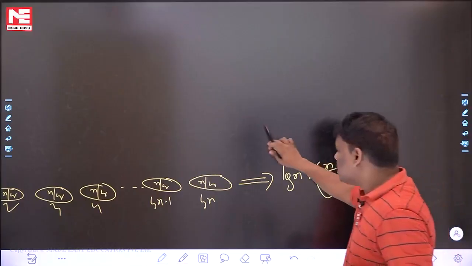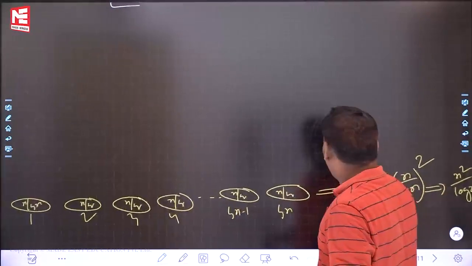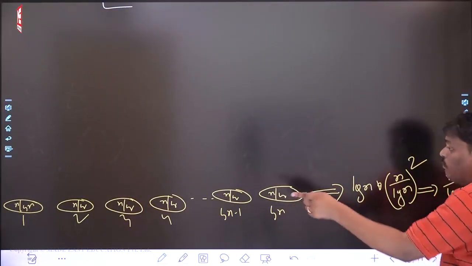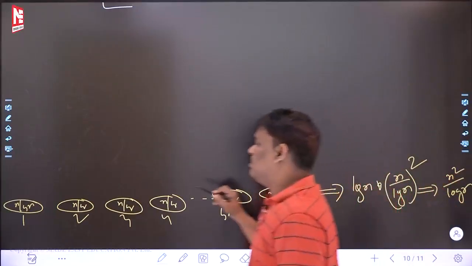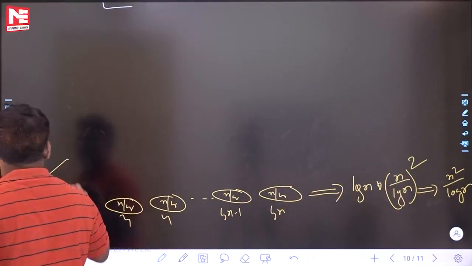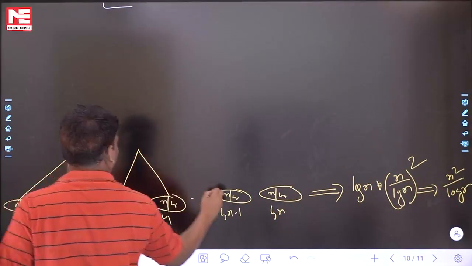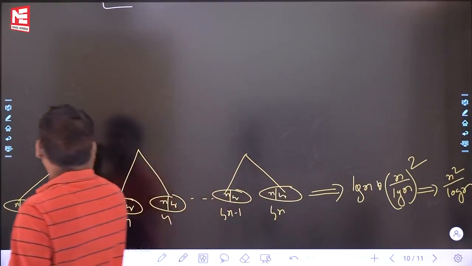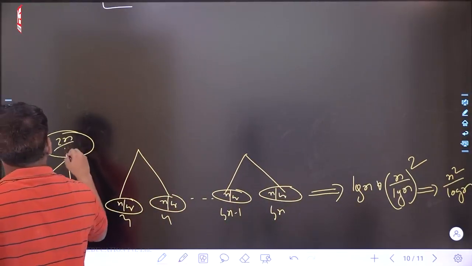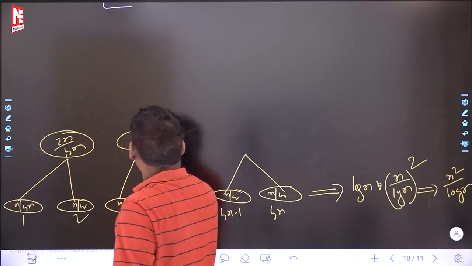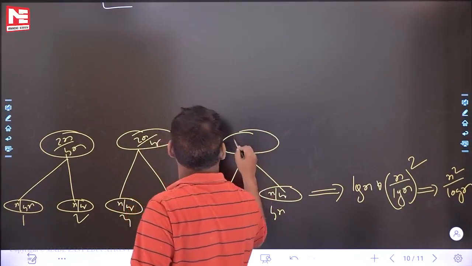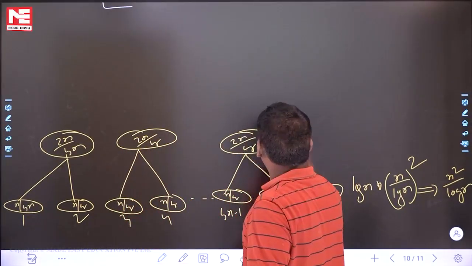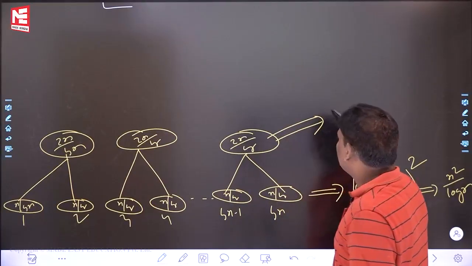Now some people are asking, sir, everyone is now sorted. After this much time is over, everyone is sorted. Now combine it. If you combine, what is the answer? It becomes 2n by log n, this is also 2n by log n, and this is also 2n by log n. How much time is this?